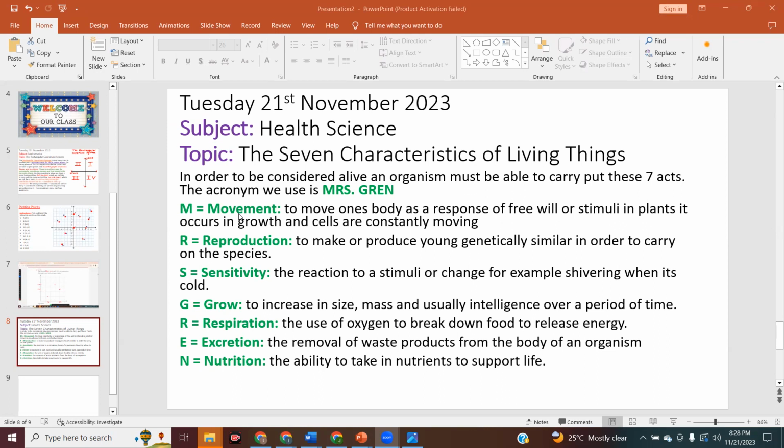Kate and George, explain to me the 7 characteristics of living things. You want me to just name them, or say the meanings as well? Just explain it in your own words, what we mean.